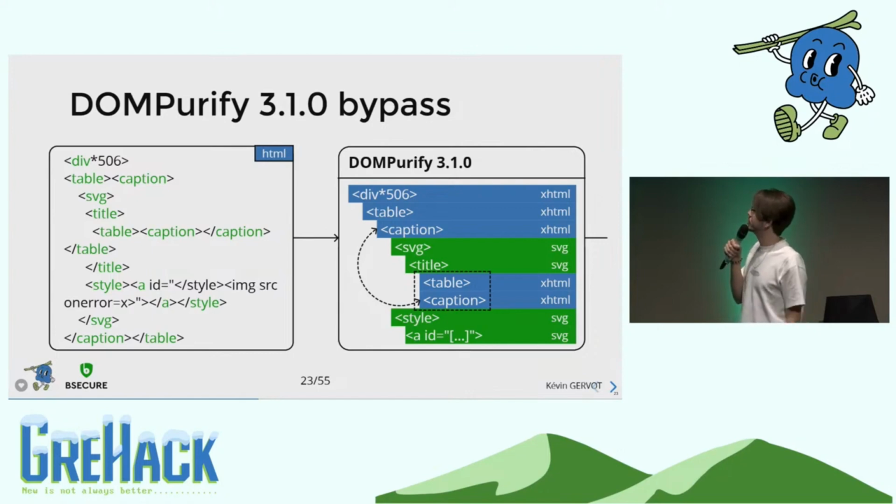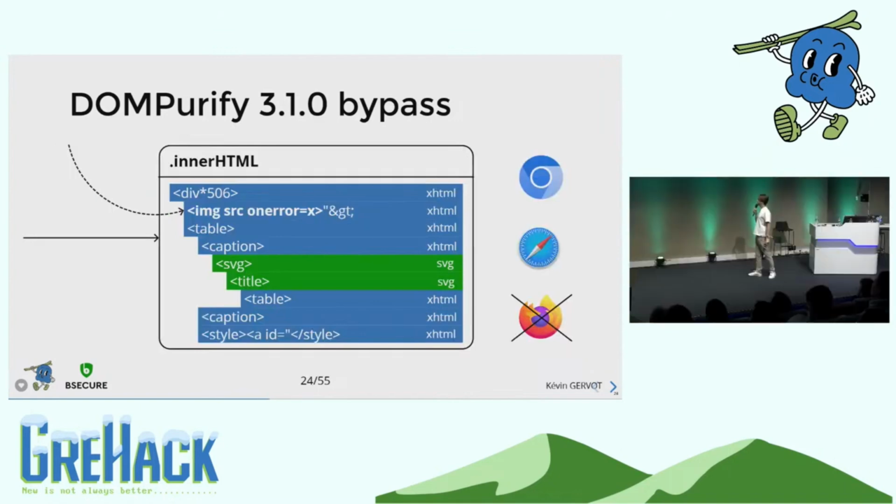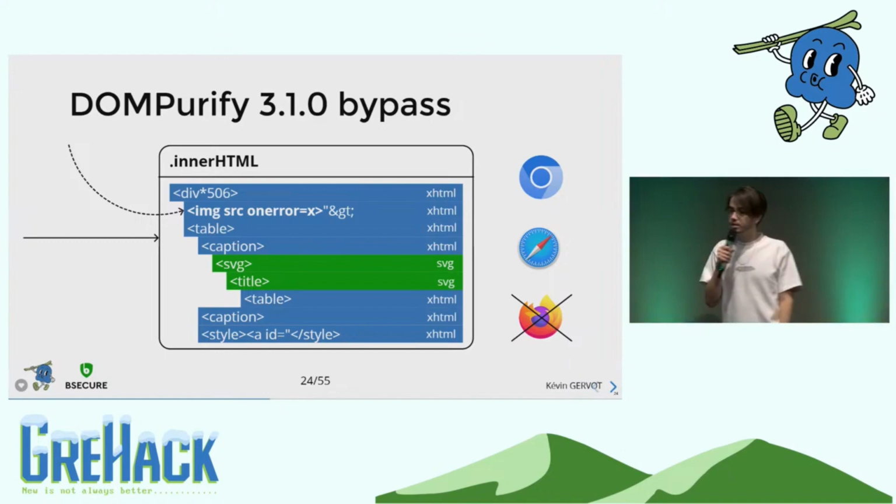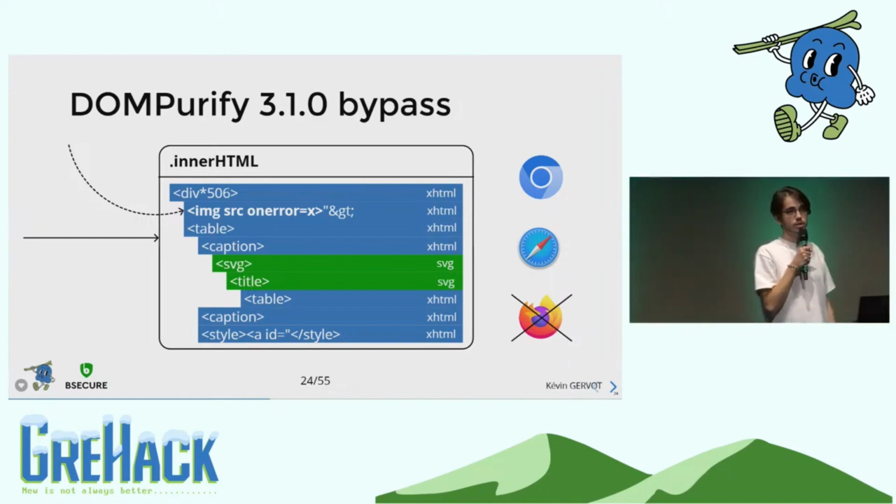So here, everything is safe because the style tag is parsed as SVG. But if we take the output and we parse it using, for example, innerHTML, we can see that this time, because of the in-caption insertion mode, the style tag falls down into the HTML namespace, which creates a confusion. So the content is now parsed as text, which creates an XSS.